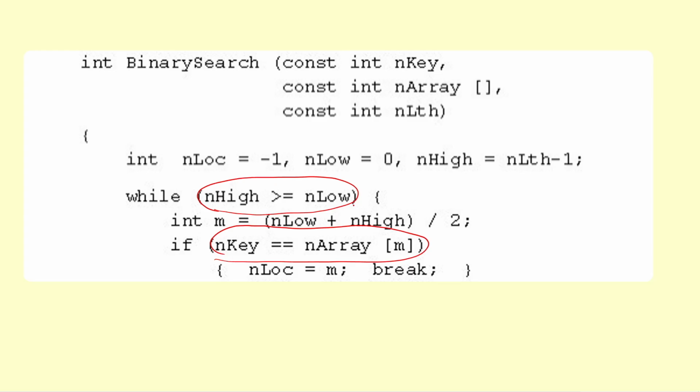This is the very basic binary search algorithm that you might have learned in your data structures class. We are only going to concentrate on mapping these decisions, the greater than or equal to decision and the double equal to decision, to our flow chart.